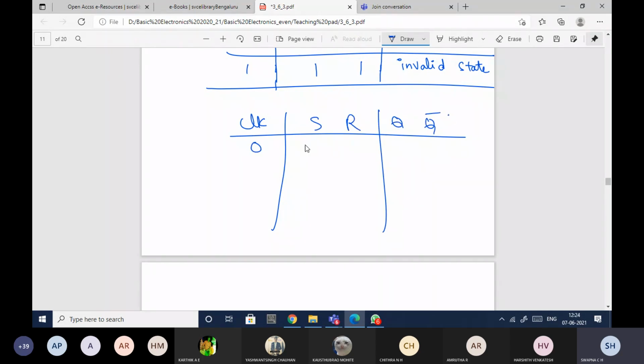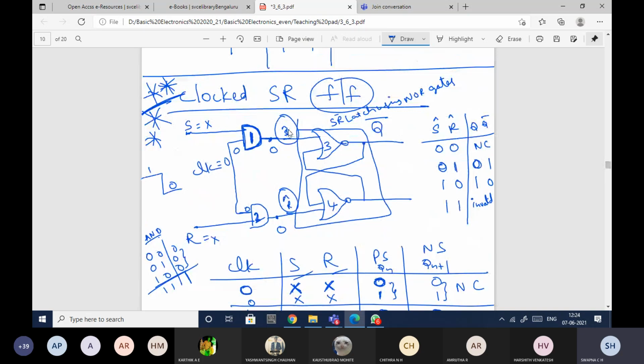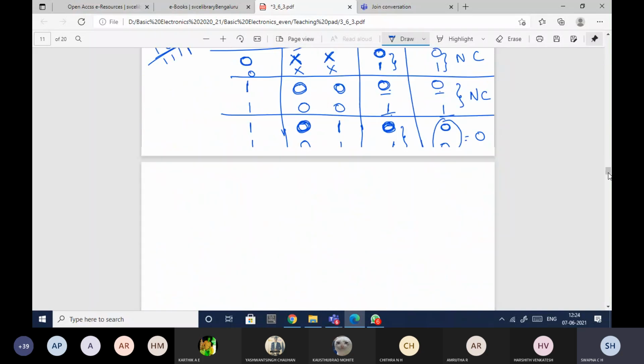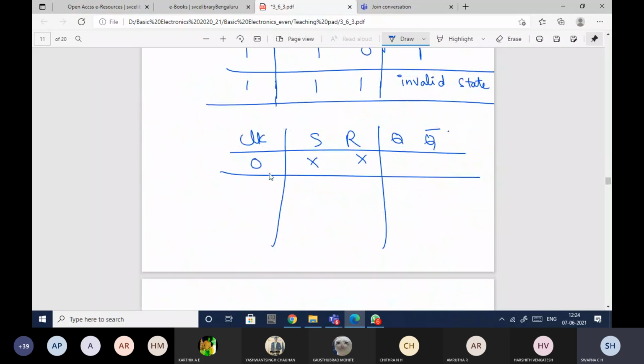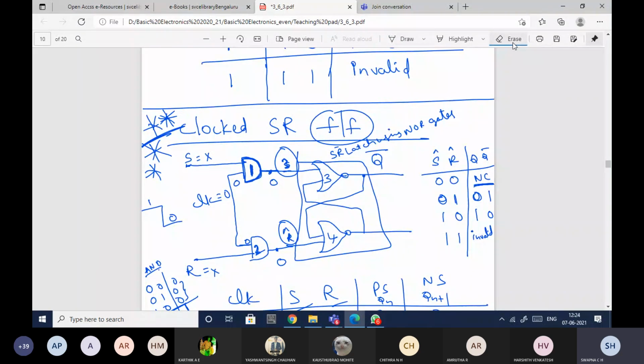Clock is 0 and S, R are don't cares. S cap value is 0 and R cap value is 0, so the output is no change. So when clock is equal to 0, S and R values are don't cares, I get no change.